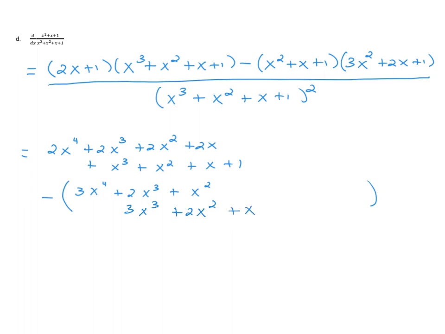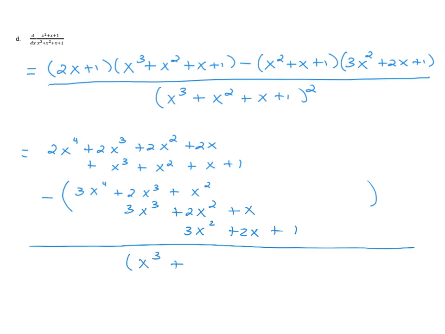All right, great. And then if you multiply in the 1, you get 3x squared plus 2x plus 1. That thing that I just wrote is supposed to represent my numerator. And that whole thing is being divided by x cubed plus x squared plus x plus 1 all squared.